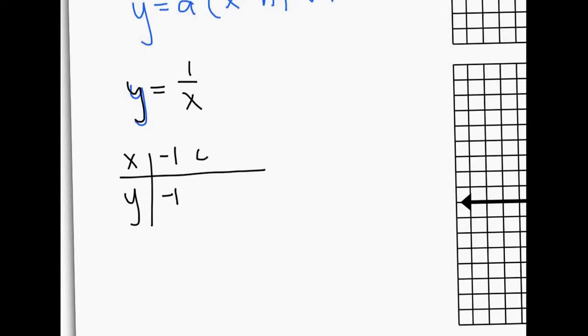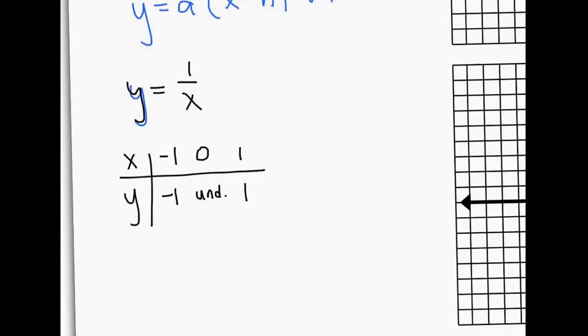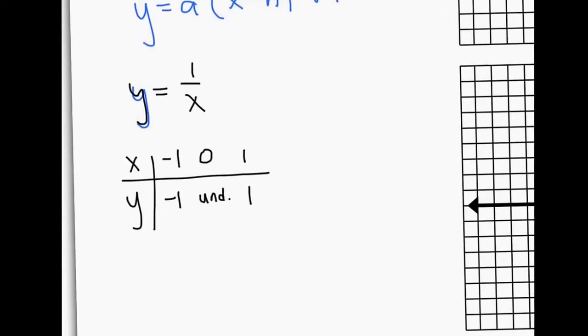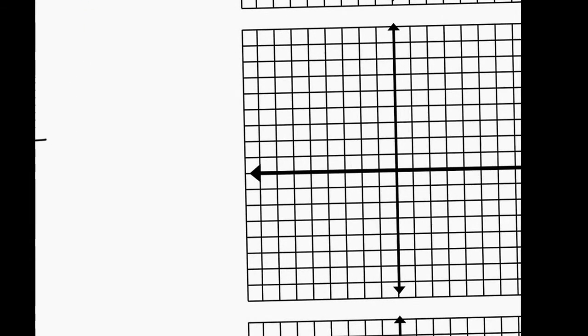If I plug in a 0 for x, 1 divided by 0 is undefined, which just tells us we're going to have an asymptote at that point. Then we plug in 1 for x, 1 divided by 1 is 1. Okay, so that gives us a little bit of a basis for us to draw in our parent shape.